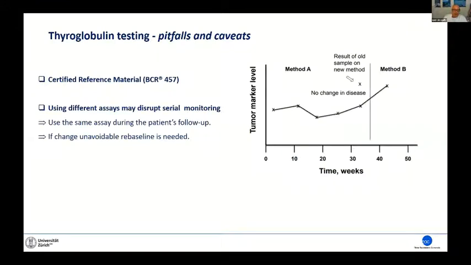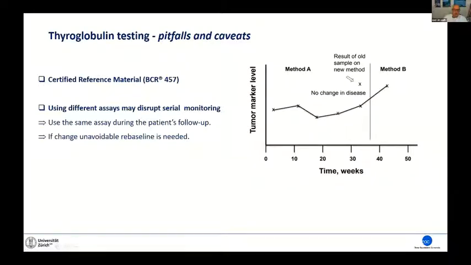And this is the reason why, in addition to using methods that are standardized against the certified reference material, it is also very important to note that different assays may disrupt serial monitoring.